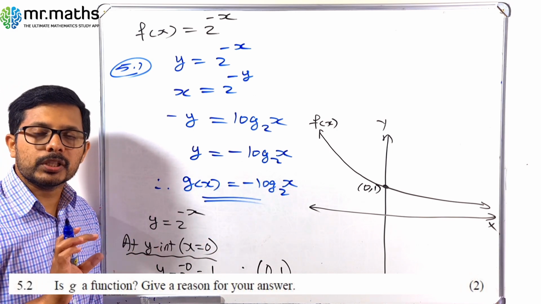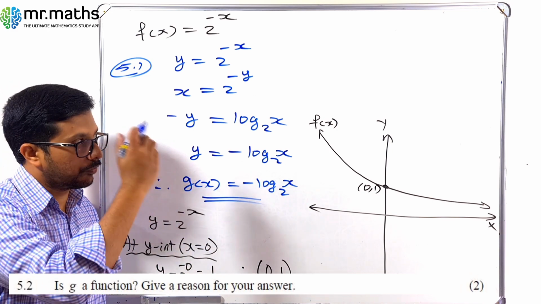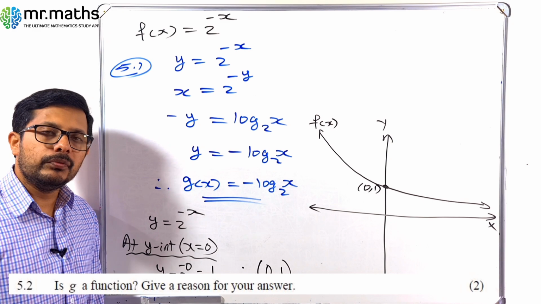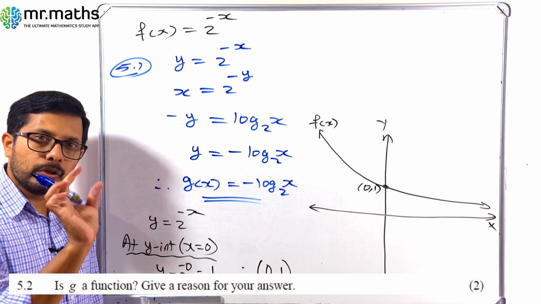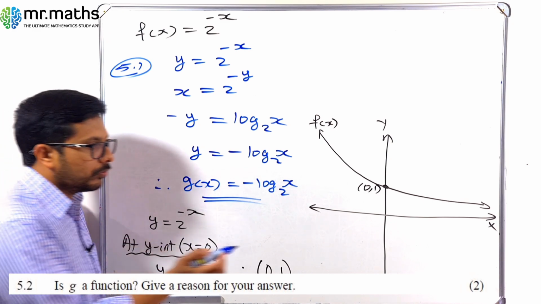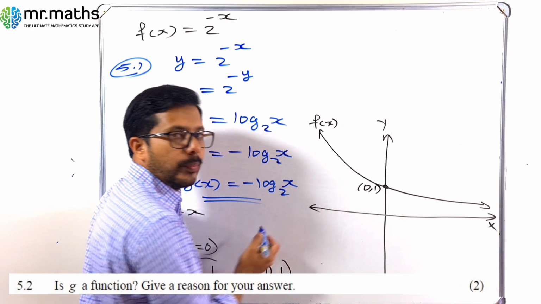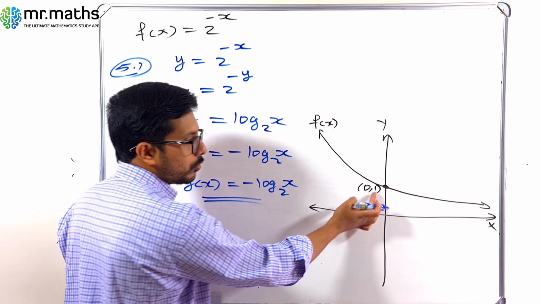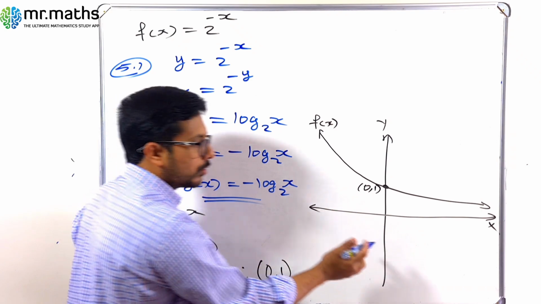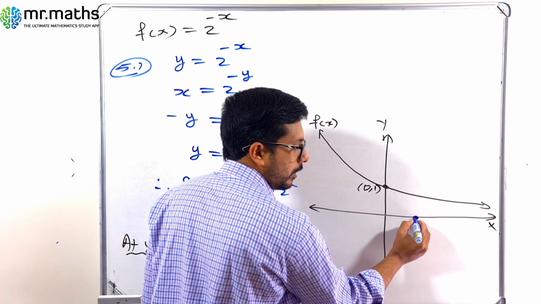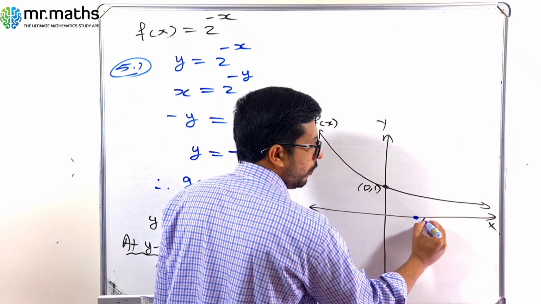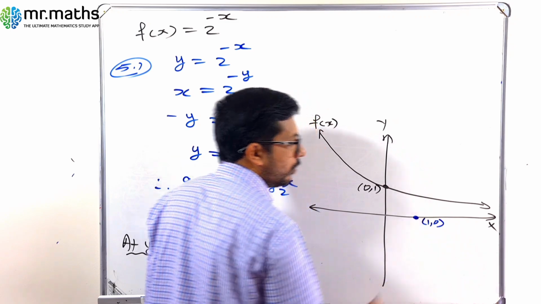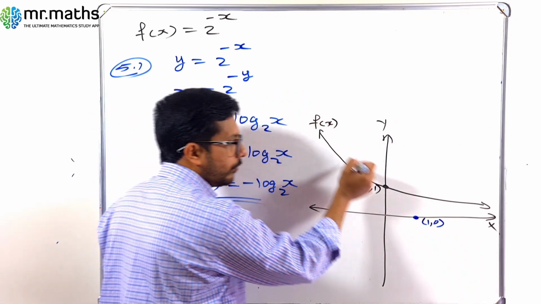Okay, so now g of x, how can you draw the g of x graph? You know, g of x means the inverse of that f of x graph. So how can you find the inverse? You have to swap x and y values. One point we know is 0 comma 1. So what about the inverse graph? 1 comma 0, you have to swap these x and y. So 1 comma 0 means it is here. This is the point 1 comma 0, and here the graph is decreasing.